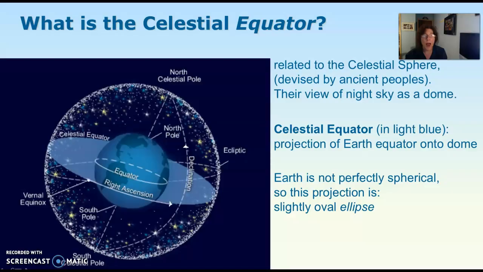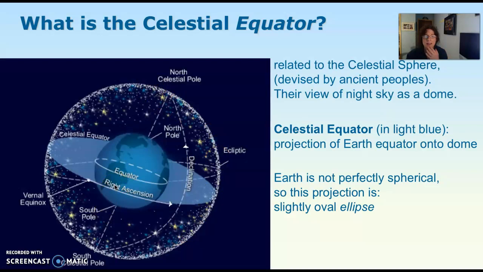And we talk about a celestial equator, and I think that you can understand that that is related to the celestial sphere, which is like having a 360-degree planetarium around the Earth.